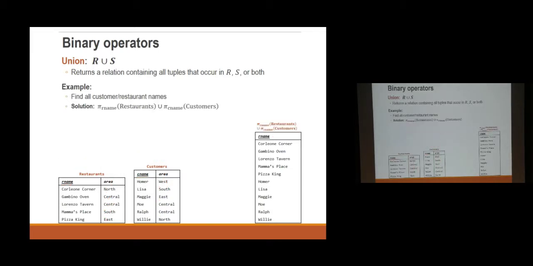Okay, so this is what you will get. That will be the formula. This is one possible example. The other possible solution will be the one that I wrote before. R name of restaurants union customers.